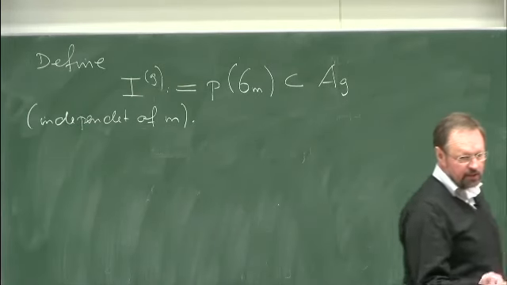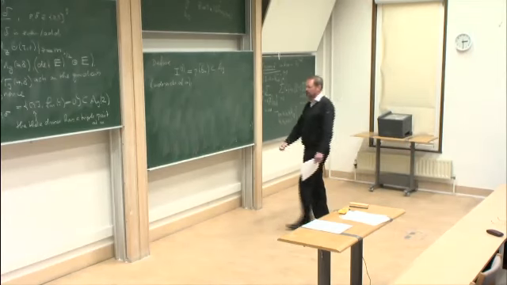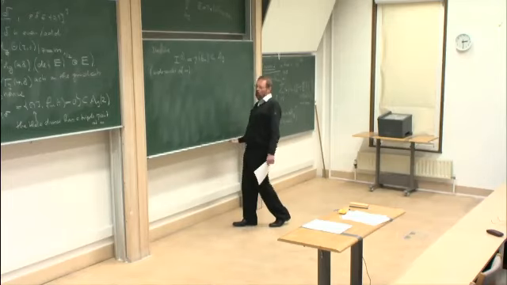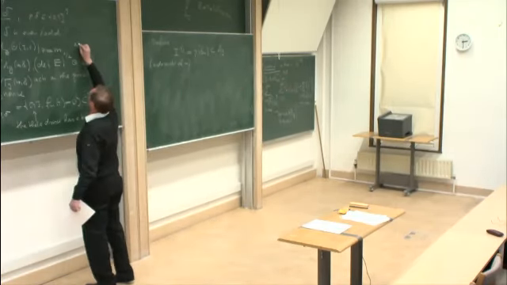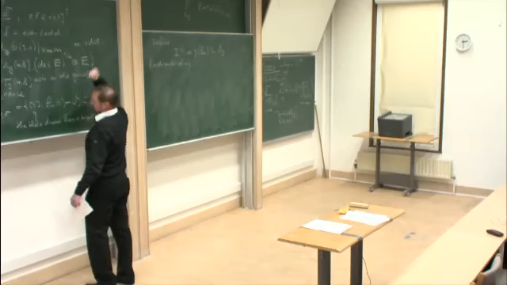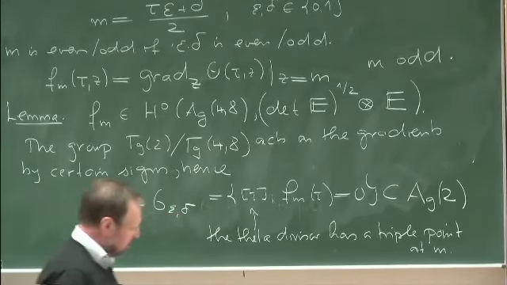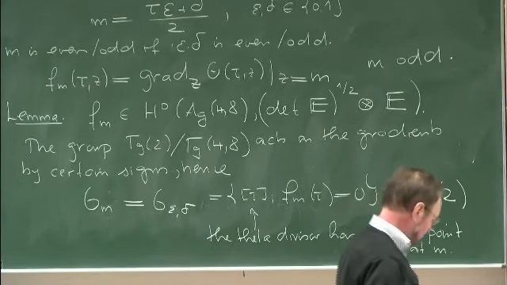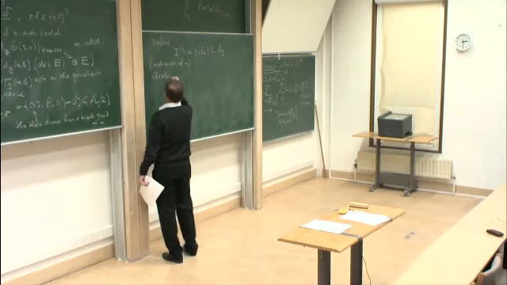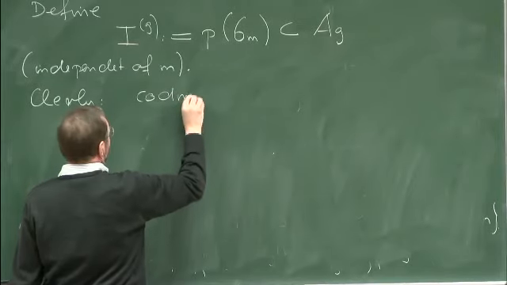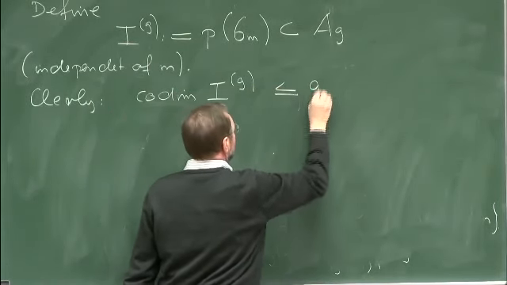So what we're looking at is abelian varieties whose theta divisor has a triple point at some odd two torsion point. And the m here should be odd. Otherwise I don't get anything.